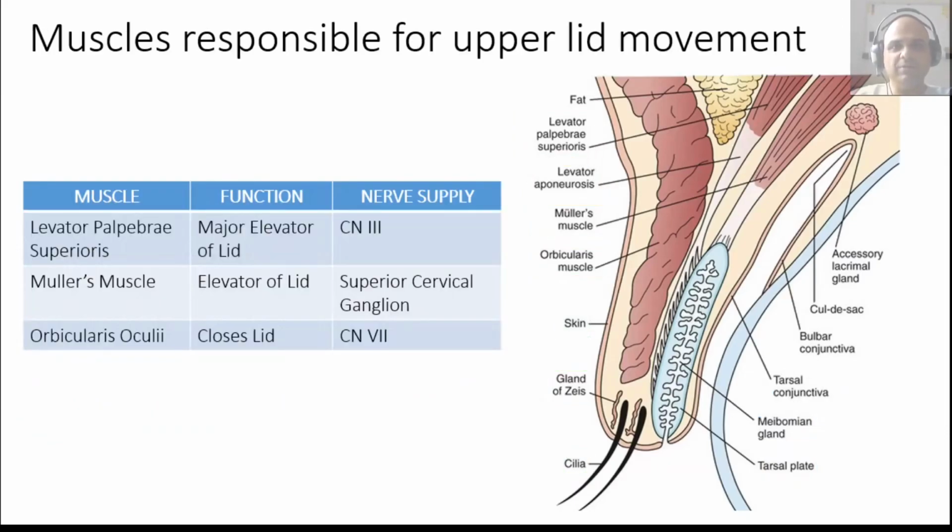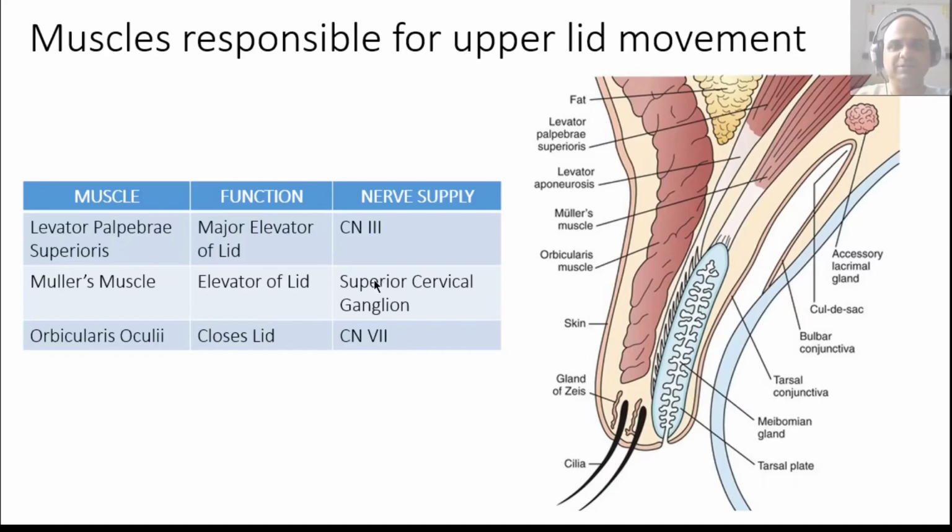So we will talk about the muscles that are responsible for upper lid movement because that's the more important of the two lids and moves more of the two. So it has levator palpebrae superioris and Müller's muscle, which are the two elevators. Levator palpebrae superioris, as we talked about, is a skeletal muscle innervated by the third nerve. It provides the majority of the elevation function of the upper lid. Müller's muscle adds about 2 millimeters of total elevation.